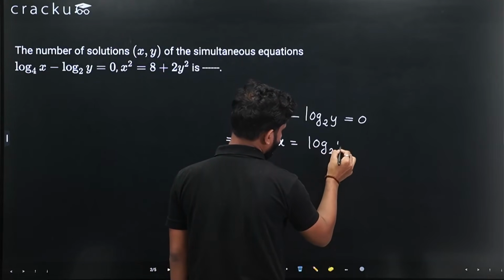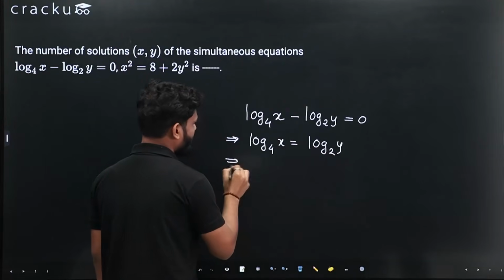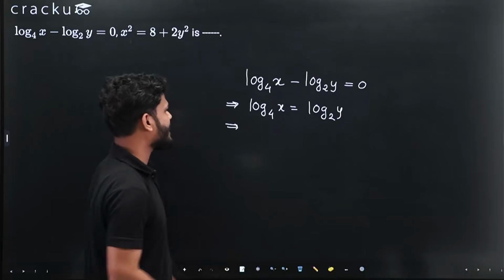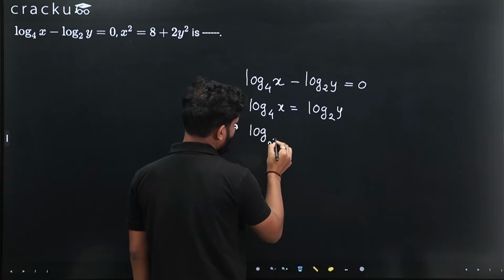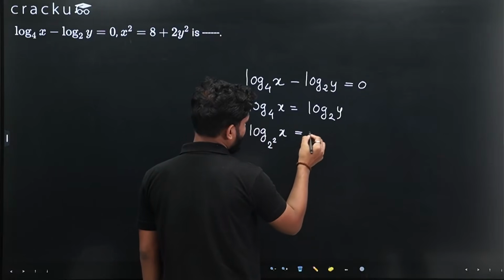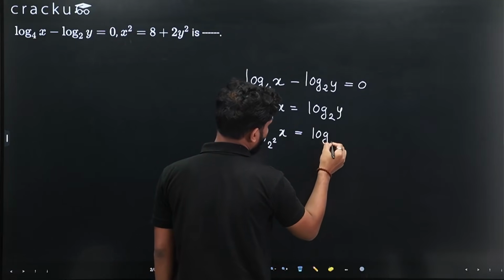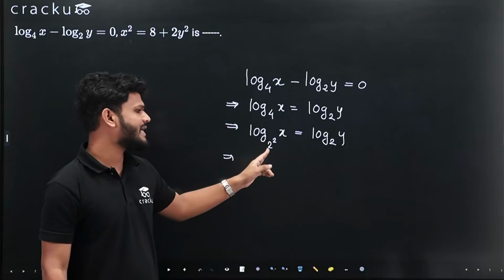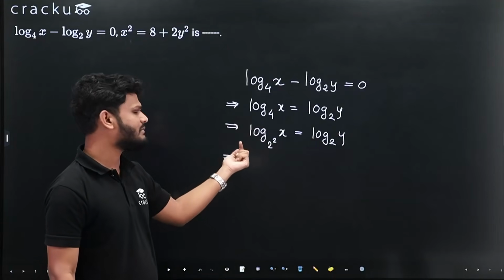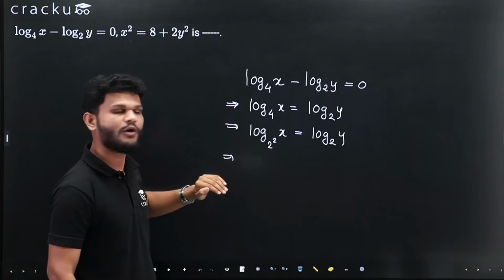Log 2y, right? From here what can I do? I can write this 4 as 2 square. This is log base 2 square of x equal to log 2y. Whenever the base has some power, it will come outside and become 1 upon the power.